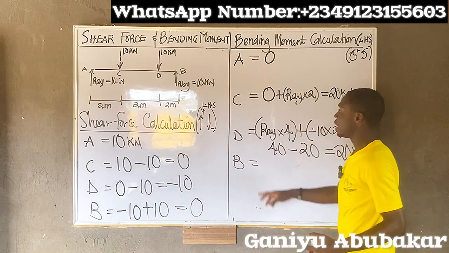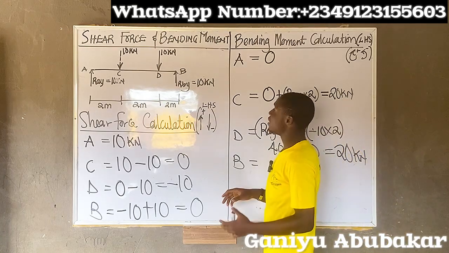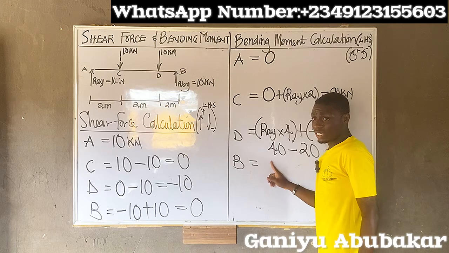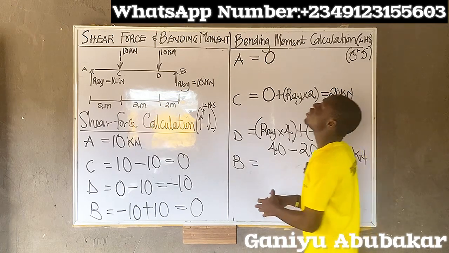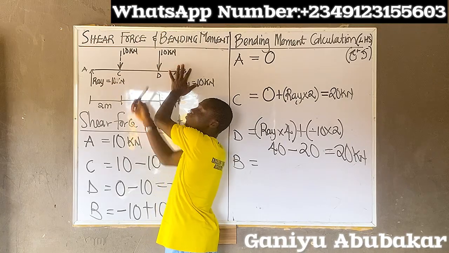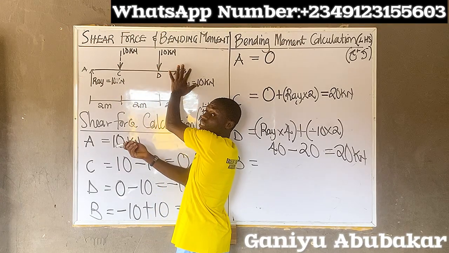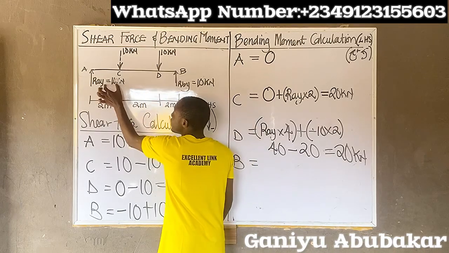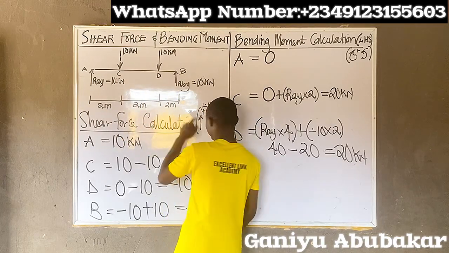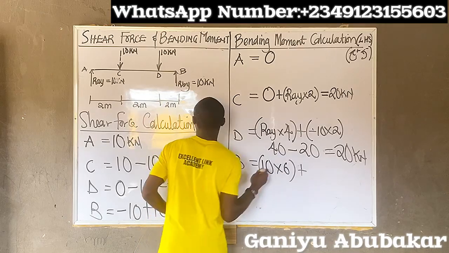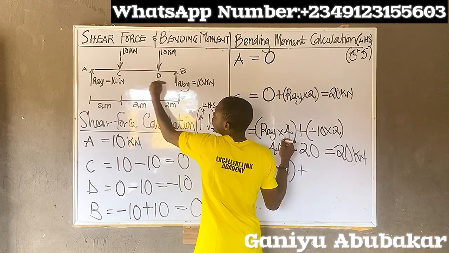What again is left? B, Abby. So here's the thing, the moment starts with 0 and must end with 0. Let's see if this part ends with 0. If I talk about B, what do you expect? 1, 2, 3 will come down to B. Now RA to B gives you 10 times 6, first case, close. This is anti-clockwise direction, Abby.